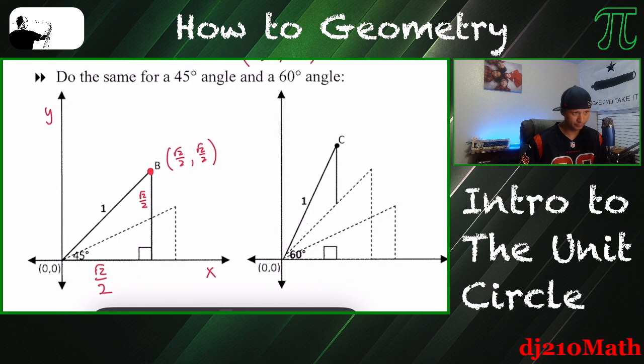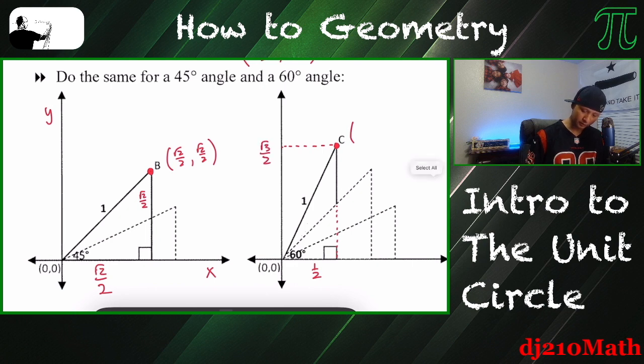And then lastly, the 30, 60, 90 triangle, but just standing upward. So this was 1/2, and this was root 3 over 2. So the X direction is 1/2, and then the Y direction is root 3 over 2. Right, so those are the coordinates for the other vertex.